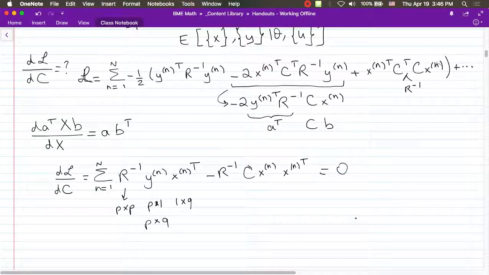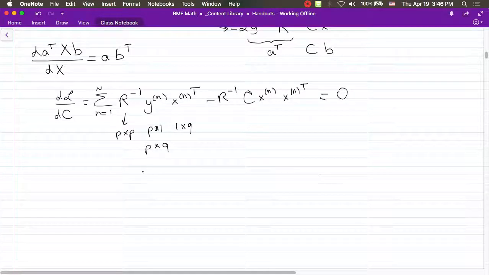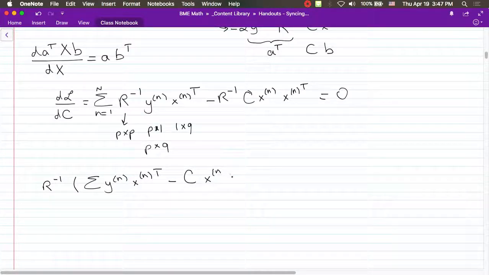We set that equal to 0. And of course, we get the following: R minus 1 times the sum of y of n x n transpose minus C x n transpose, that's equal to 0.